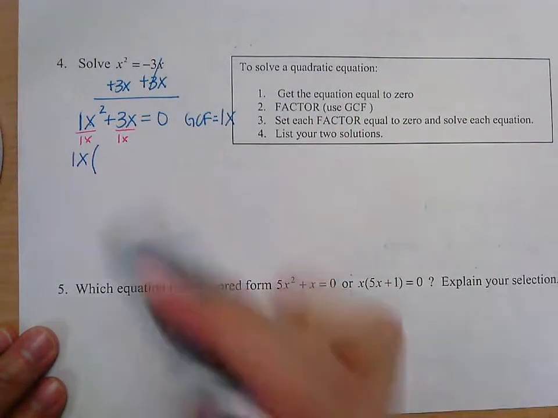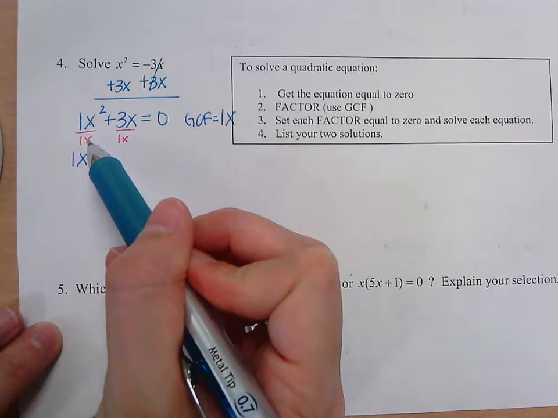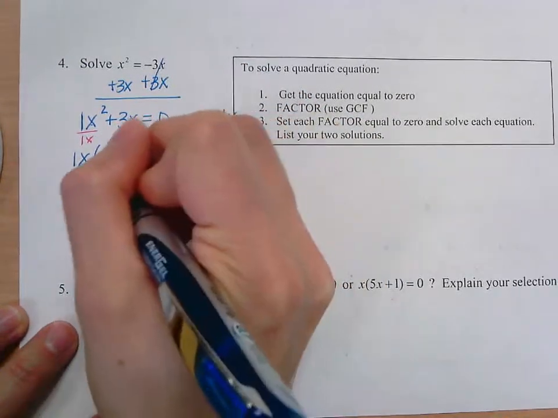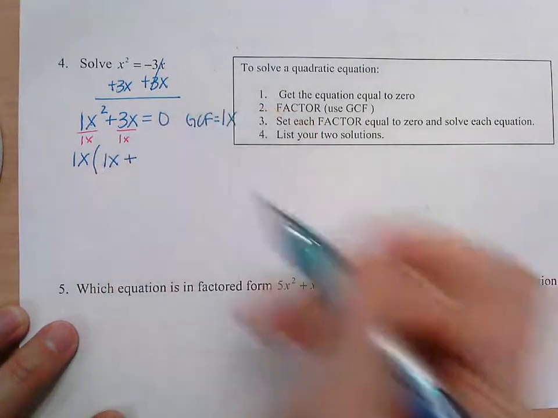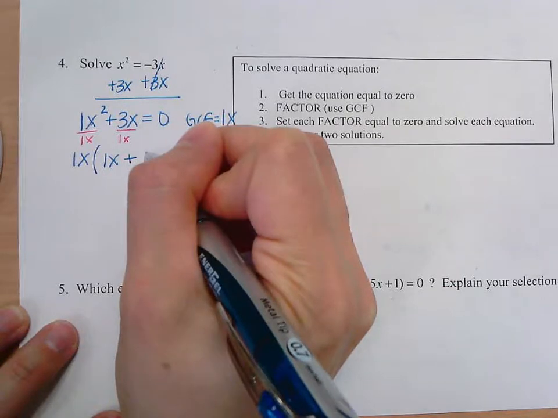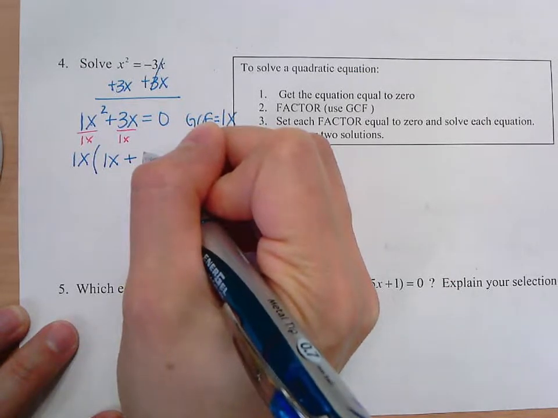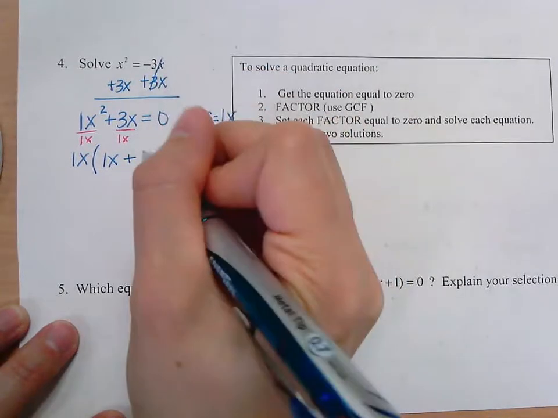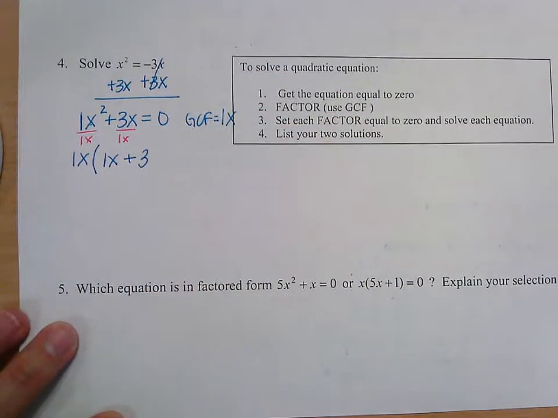So what is 1x squared divided by 1x? 1x plus, or just x, you don't need the 1 there, 3x divided by 1x. Close. The x's are going to cancel. 3 divided by 1 is just 3.